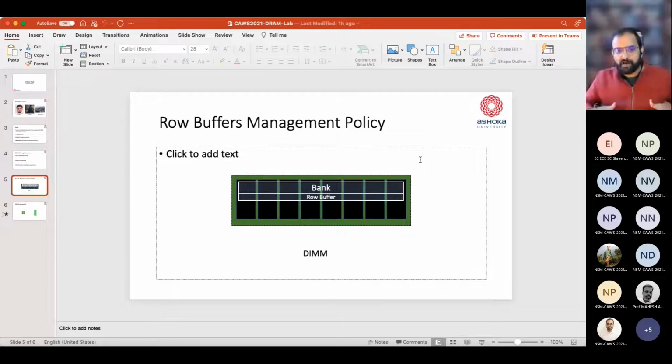Once you have brought down information onto the row buffer, how long do you keep it there, or what are the events that trigger the closing of the row buffer, which essentially means writing the information back from the row buffer into the arrays, so that you can maximize your best case scenarios and minimize your worst case scenarios, which are essentially your row buffer conflicts, right? Any questions on this?